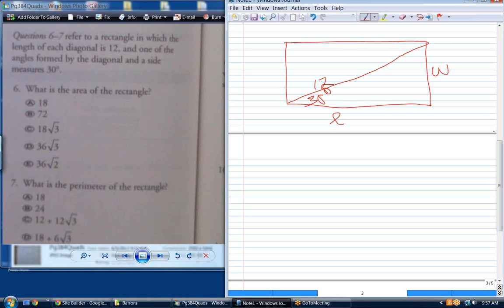So the length would be 6. Hold on. What's our ratio? What's our scalar ratio or our linear ratio? I was doing 1, root 3, 2. Okay, always make sure you're dealing with the right sides.